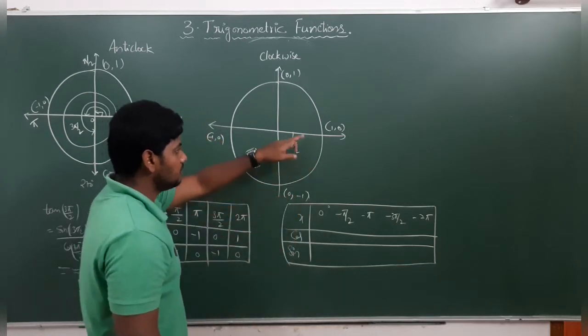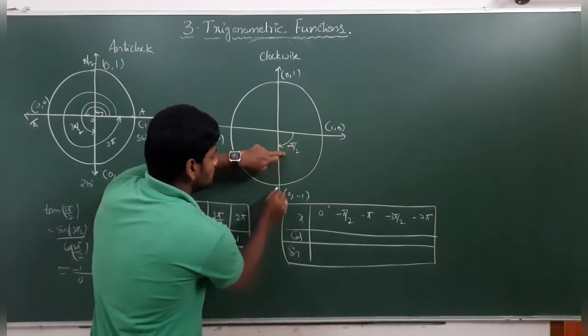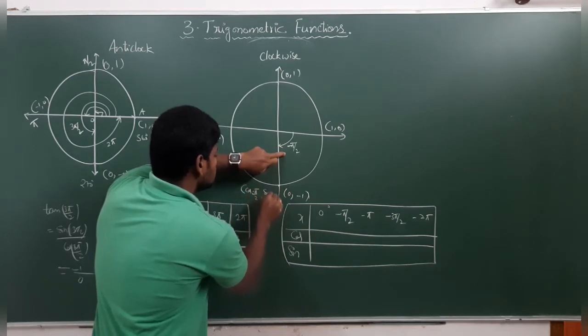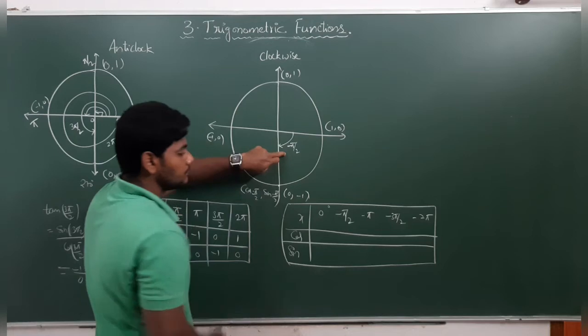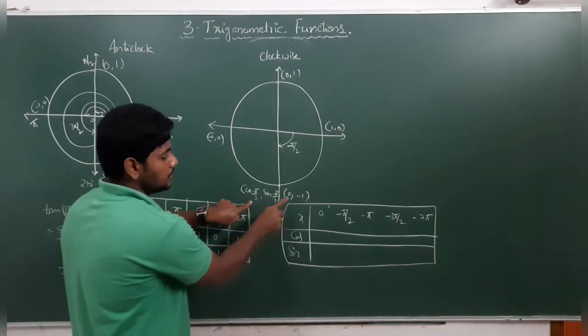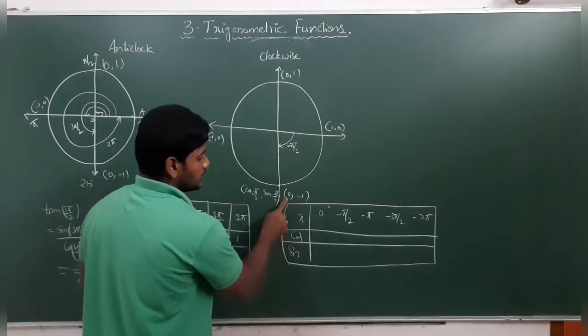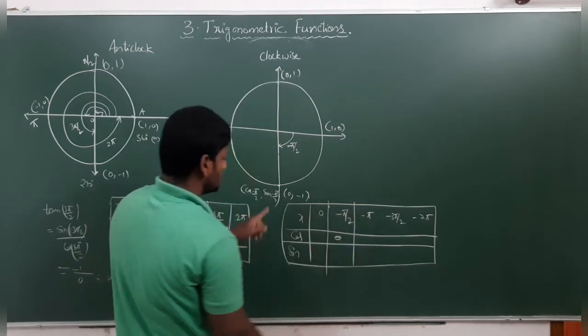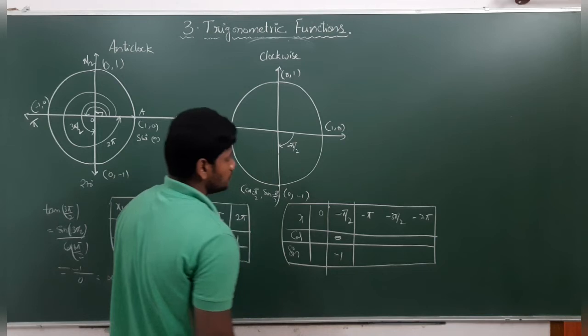If the angle is minus pi by 2, this point we can write as cos of minus pi by 2, comma sin of minus pi by 2. What is cos of minus pi by 2? The value is 0. And sin of minus pi by 2 is minus 1.